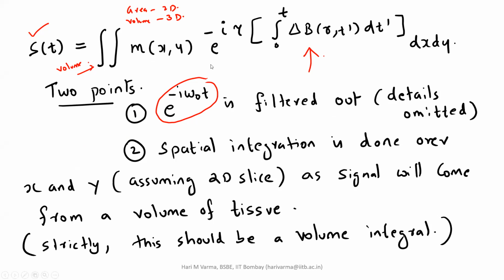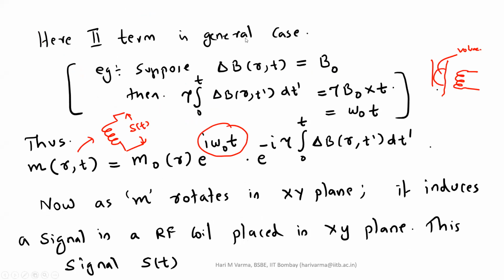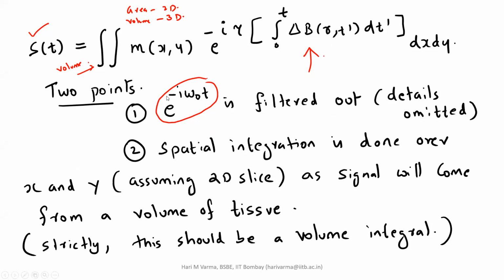Essentially, two things happened. One thing is that this e raised to minus i omega 0 t has vanished. That I can filter out. I don't care about omega 0 t. I'm interested only in this part. Why it is so, I will tell you. Now, why is there a double integral over here?